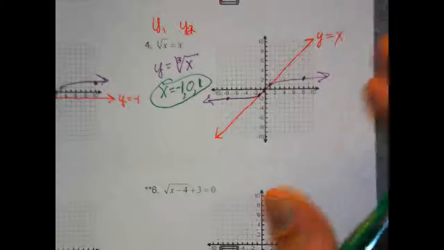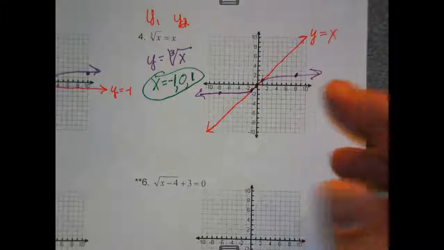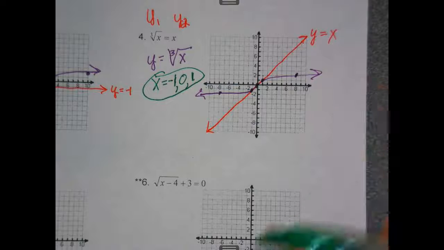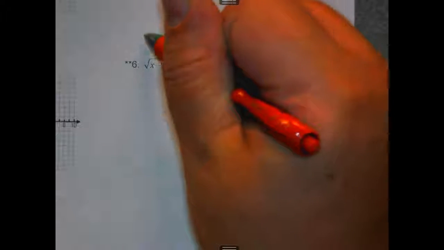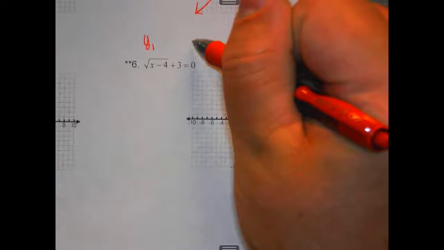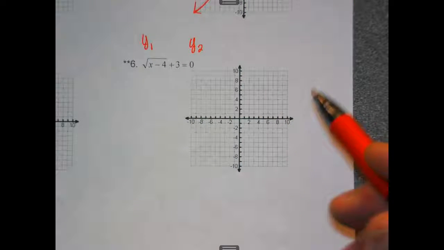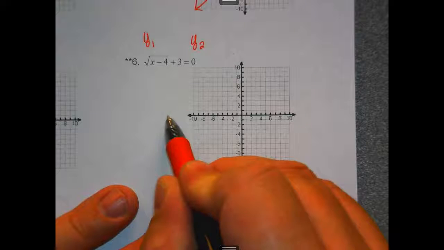All right, the last one I'm going to do is number 6, because there seems to be some asterisks there. Okay, this is my y1. This is my y2. What's the line y equals 0? The x-axis. Good.